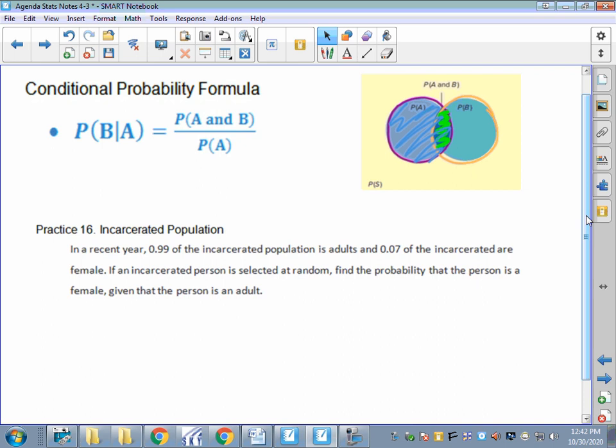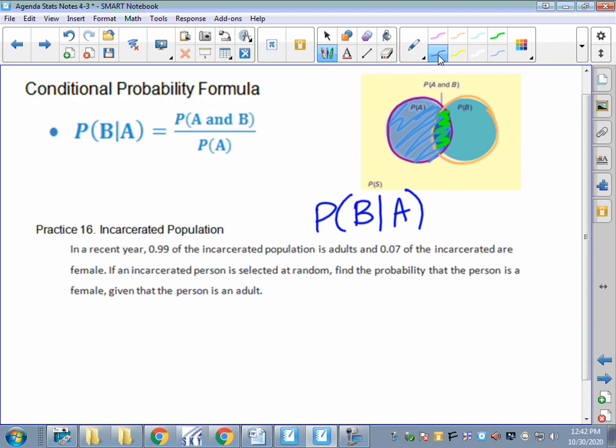So, probability of B given A, in this particular case, find the probability that the person is a female given that it is an adult, so not a juvenile. I'll put AD. Not a juvenile offender.